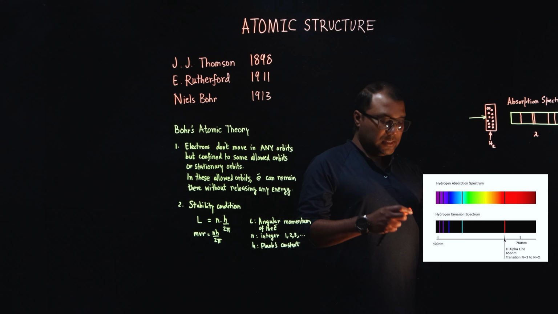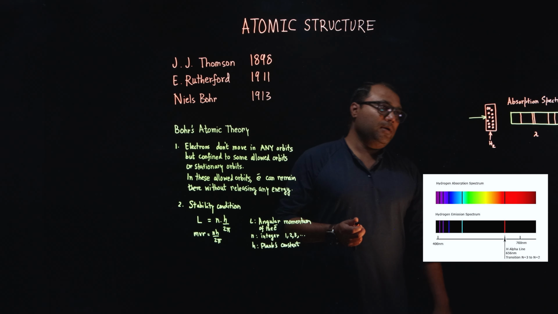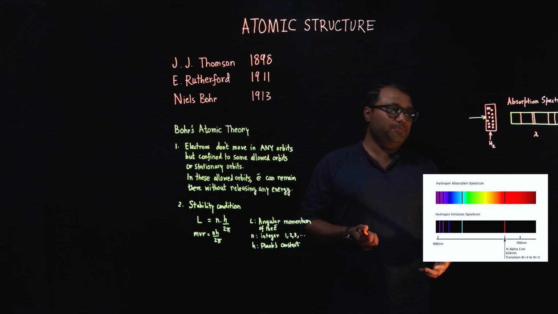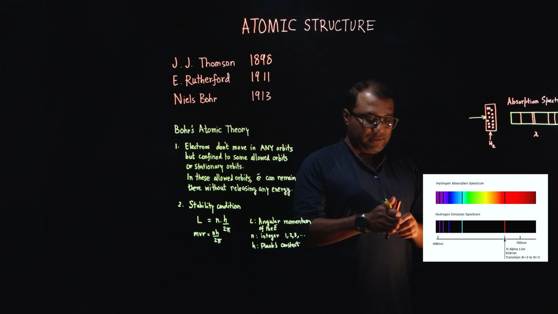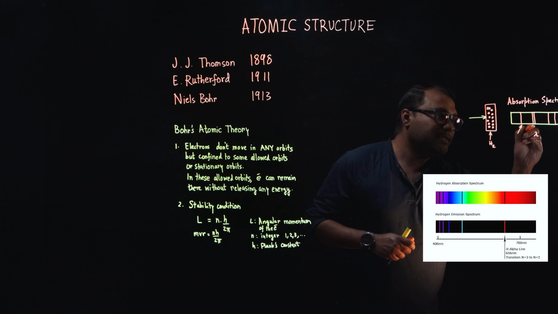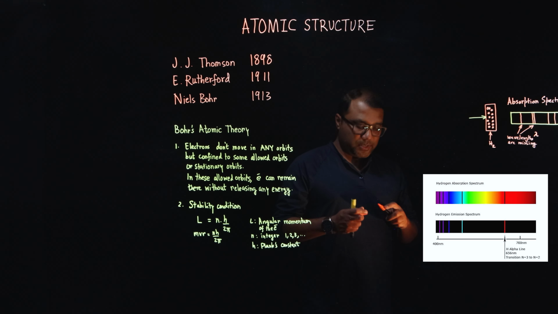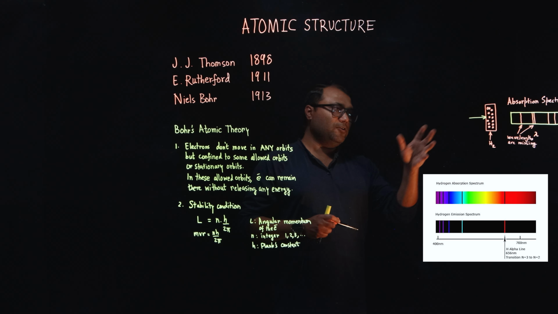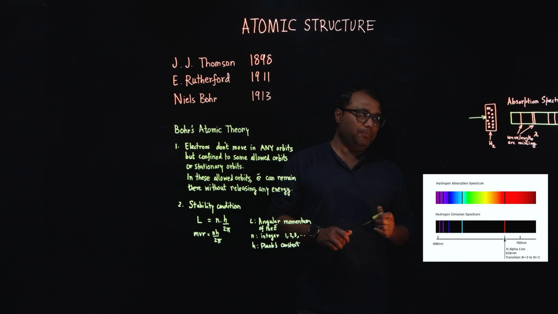Okay, similarly, when hydrogen gas is excited and it emits rays, the emission spectra will only have these wavelengths. So in the absorption spectra, these wavelengths are missing, and in the emission spectra, only the same set of wavelengths will appear, everything else will be missing.